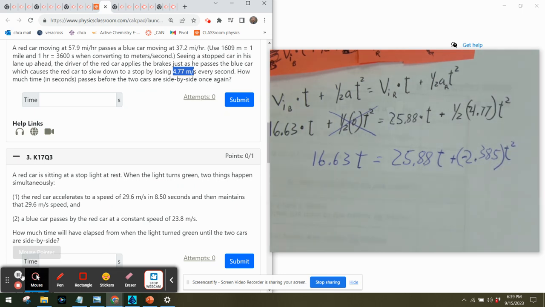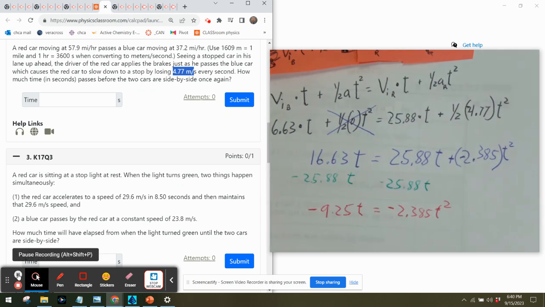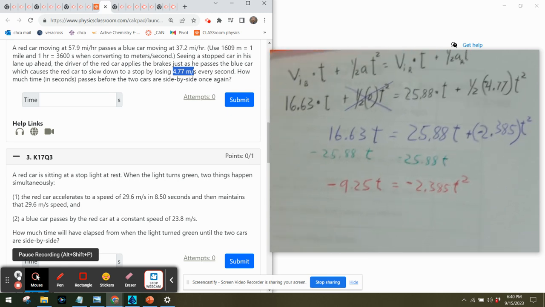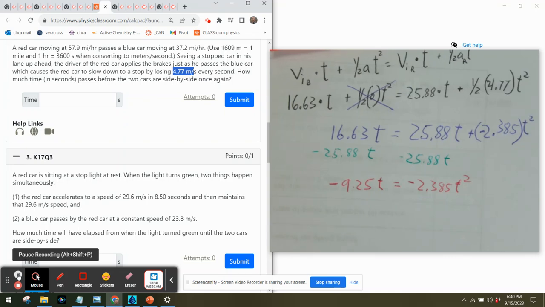Next step is we can subtract 25.88t from both sides. We end up with negative 9.25t equals negative 2.385t squared. At this point, I'm going to multiply both sides by negative 1.